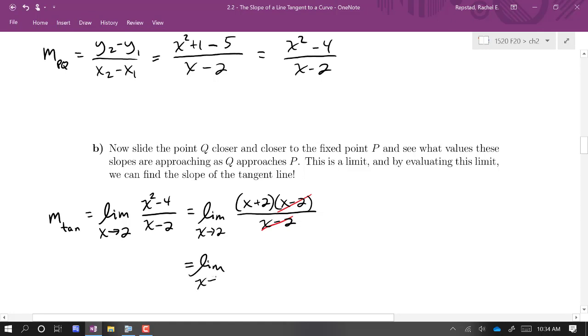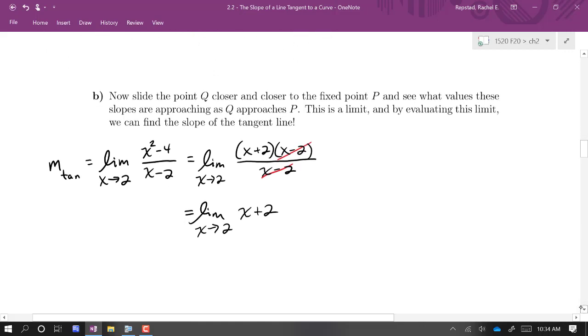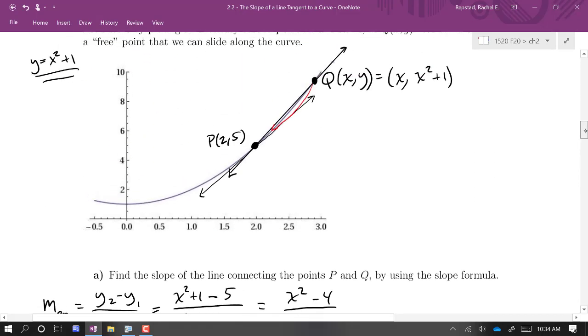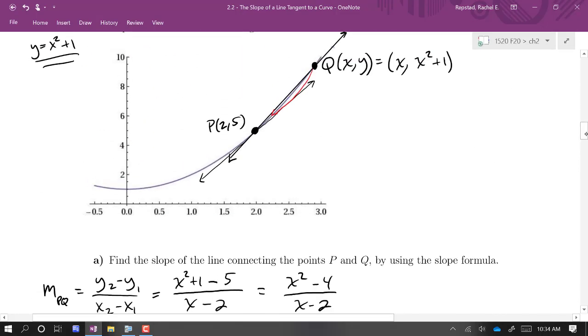So now we have the limit as x approaches 2 of x plus 2, and that gives us 4. So there's the slope of the tangent line. Now we know precisely how this function is changing when x is equal to 2. It is increasing with a slope of 4 at the point (2, 5).